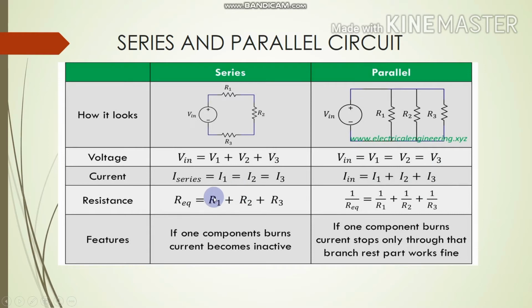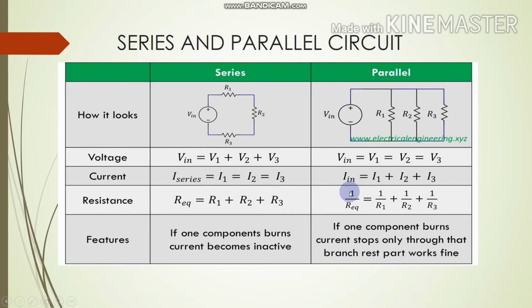This is the resistance formula. If we want to find R equivalent or R total for series, it is R1 plus R2 plus R3. For parallel, 1 per R equivalent is 1 per R1 plus 1 per R2 plus 1 per R3.